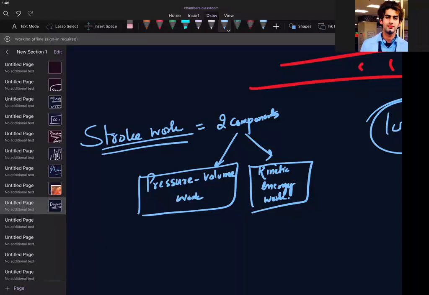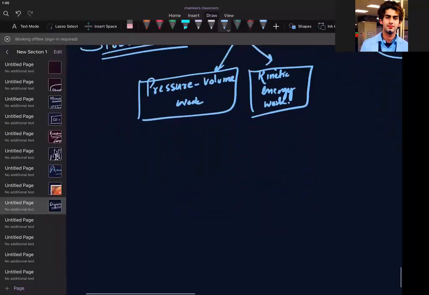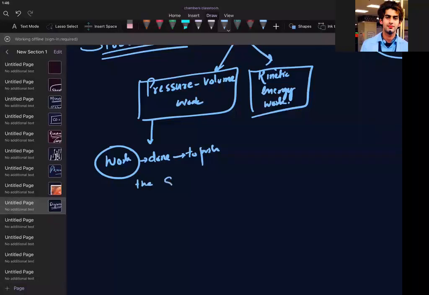It is work, not force. Pressure volume work is the work which is done to push the stroke volume into the high pressure arterial system. Let me write it for you. It is a work which is being done to push the stroke volume into the high, this is an important statement, high pressure arterial system.